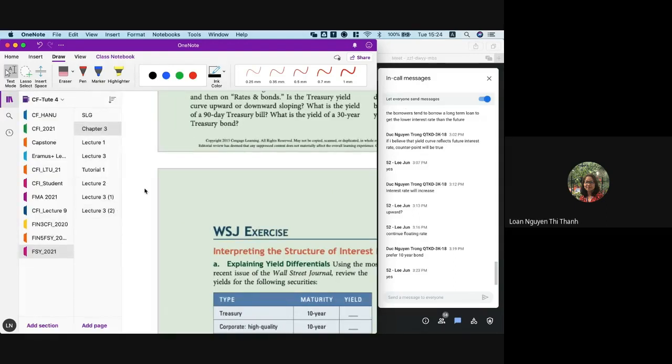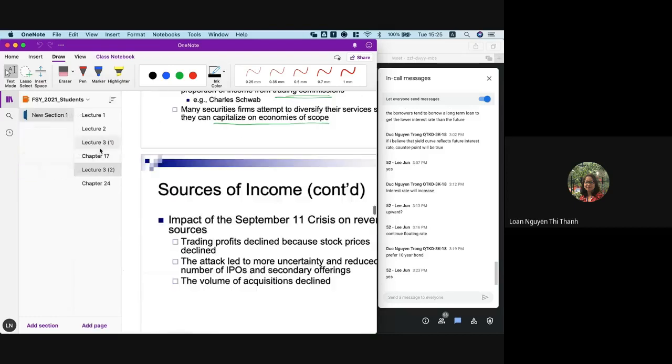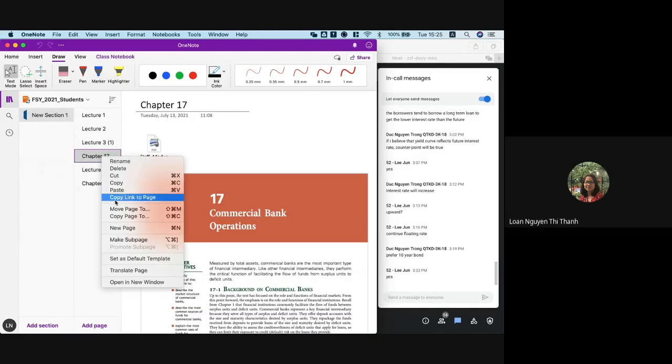So now we move to chapter number 17 about commercial bank point counterpoint.